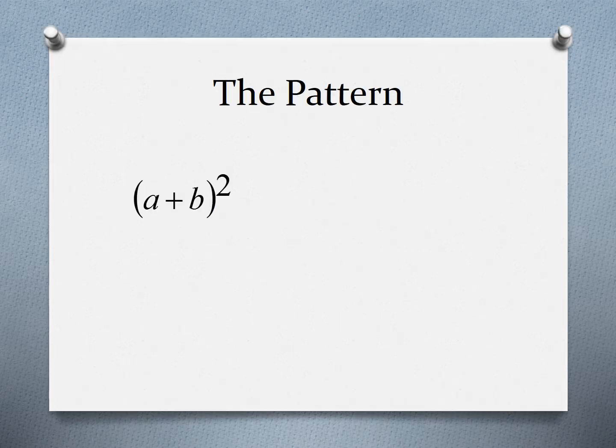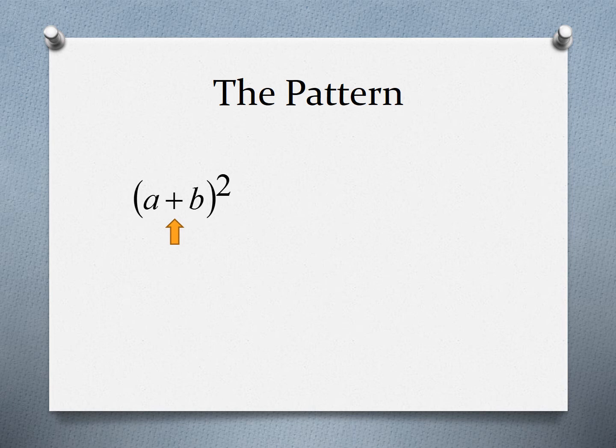So let's look at the pattern. This is just a generic binomial. We have two terms inside of a quantity. These are being added, as you can see here, and then the entire quantity is being squared. This is a binomial squared, okay?